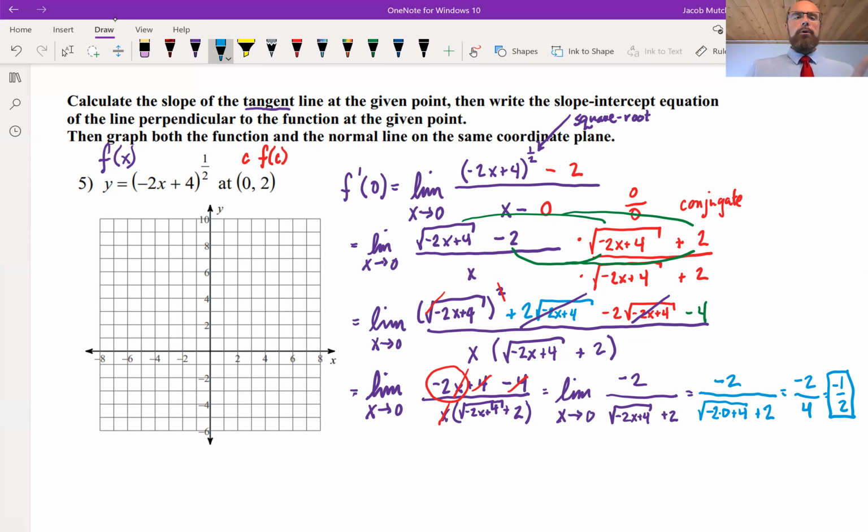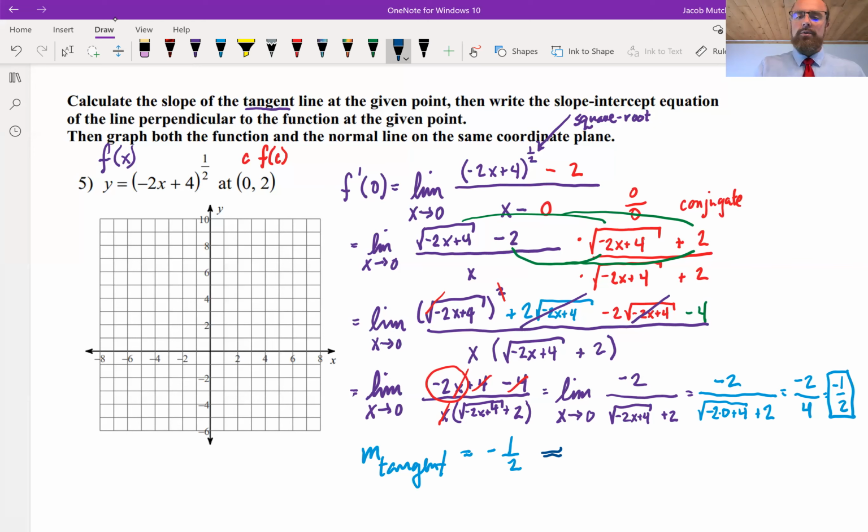That is the slope of the tangent line. So if I were writing the equation of the tangent line, I would use -1/2. But recall our task really is not to write the equation of the tangent line, it's to write the equation of the normal line.